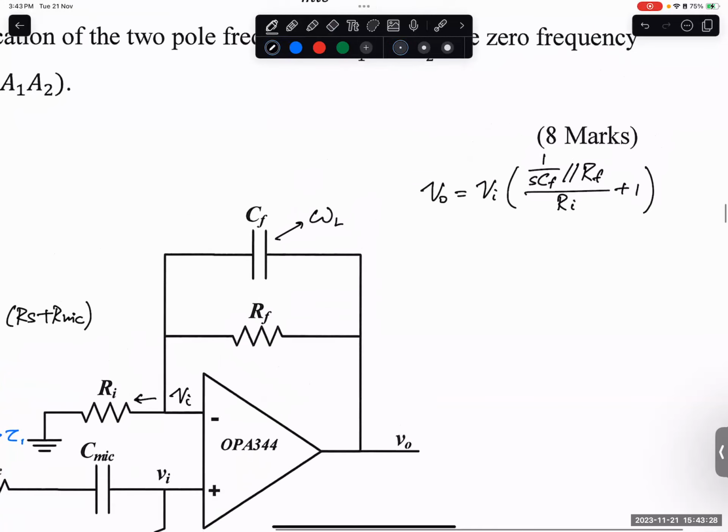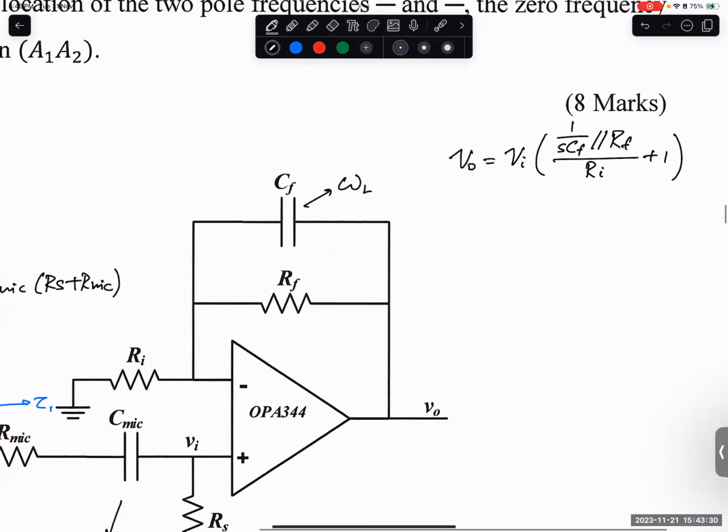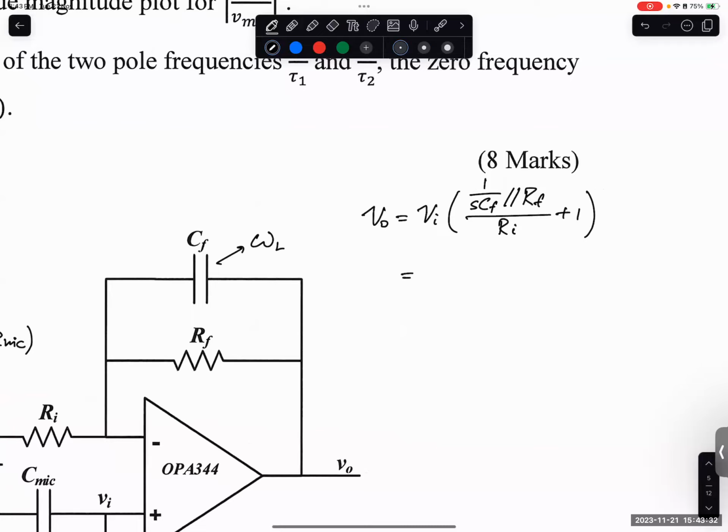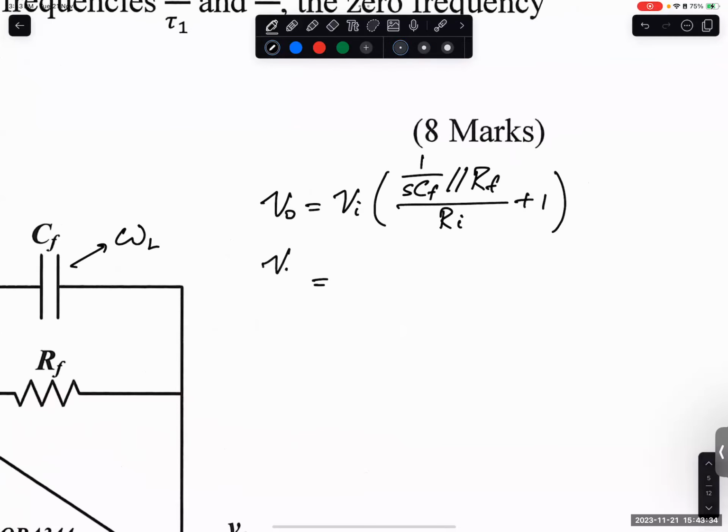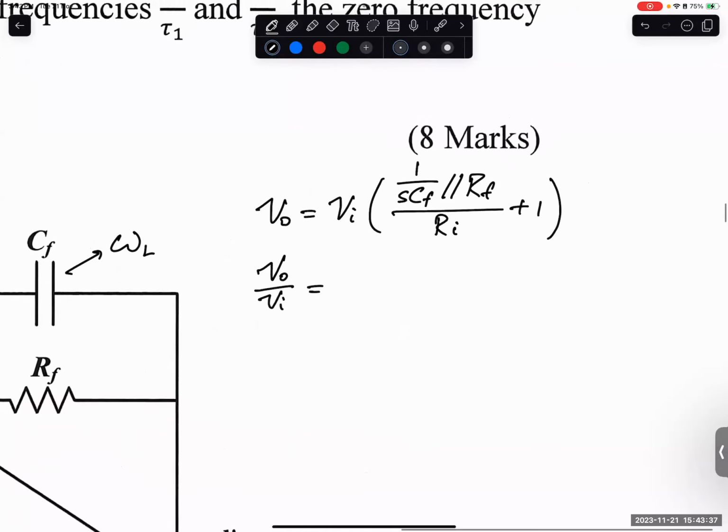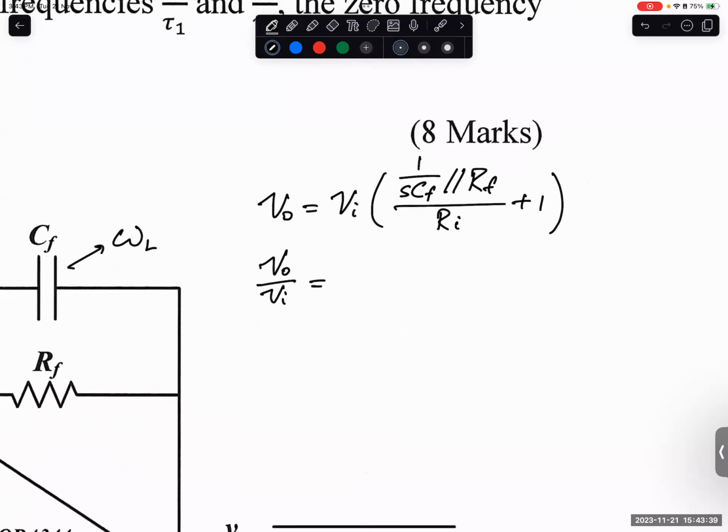Yeah, because this is VI. Okay, so, it is equals to, right, this one is RF over SCF divided by SCF plus RF over RI plus 1.